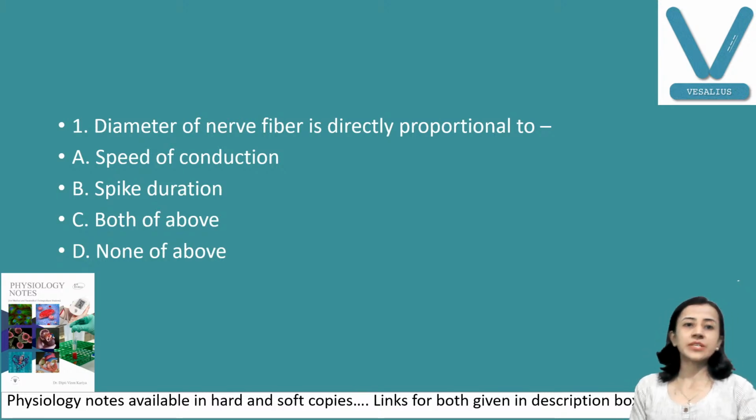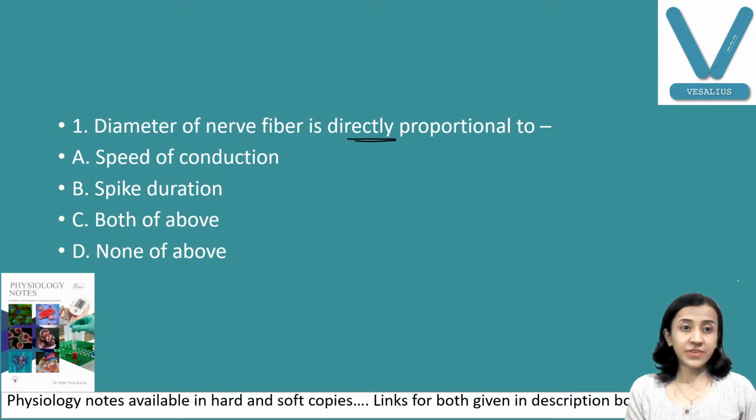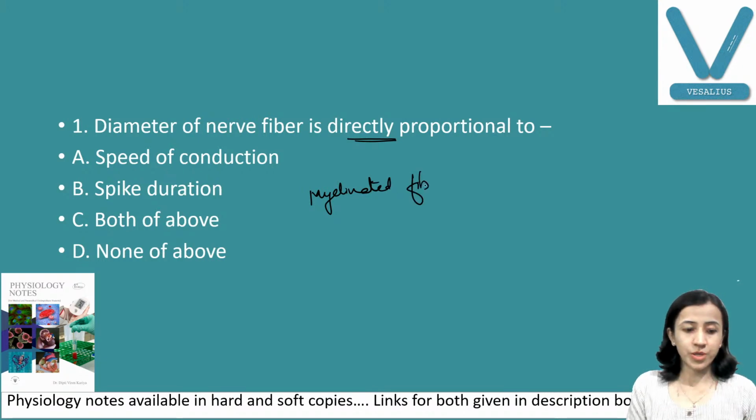First, the diameter of a nerve fiber is directly proportionate to: options are speed of conduction, spike duration, both of the above, none of the above. Here you can see, as we have discussed, for myelinated fibers the diameter increases, and as diameter increases, nerve conduction velocity increases.